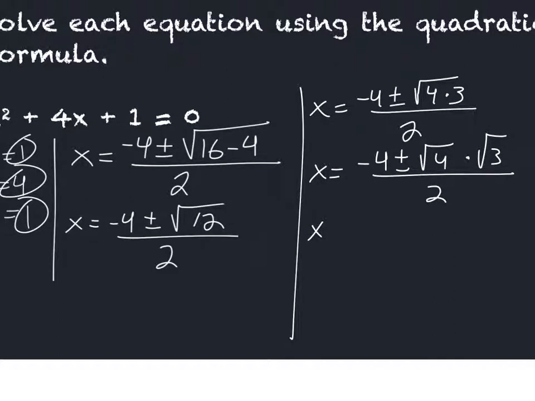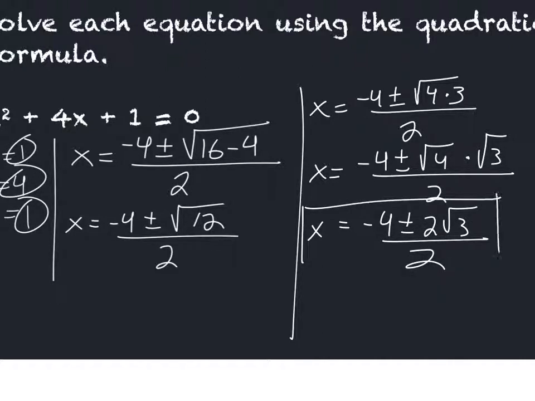And we could actually take the square root of 4. The square root of 4 is 2 times the square root of 3 over 2. And that would be your final answer. X equals -4 plus or minus 2 square root of 3 divided by 2.